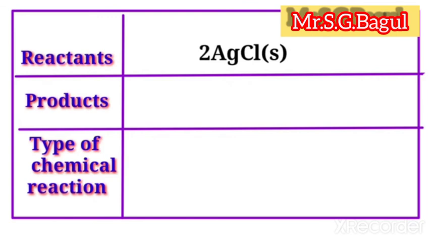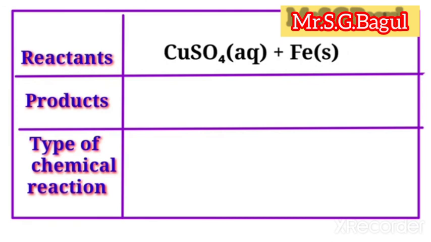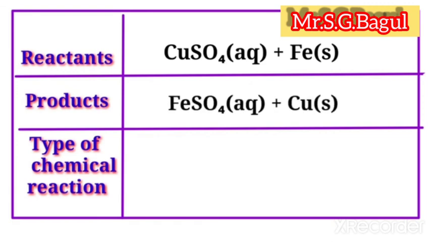Reactant 2AgCl, product 2Ag plus Cl2, and the type of chemical reaction is decomposition. Reactants CuSO4 plus Fe, products FeSO4 plus Cu, and the type of chemical reaction is displacement.